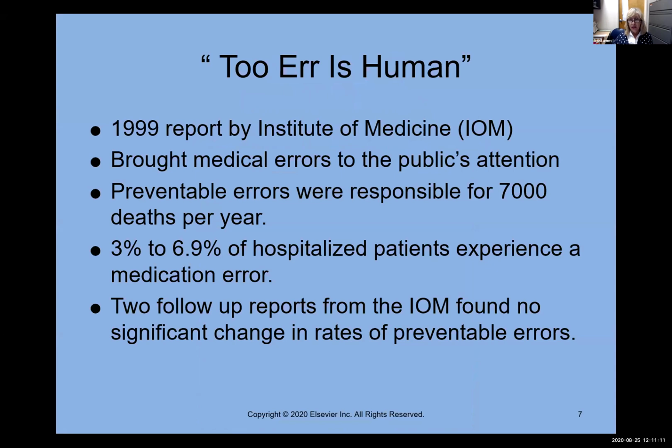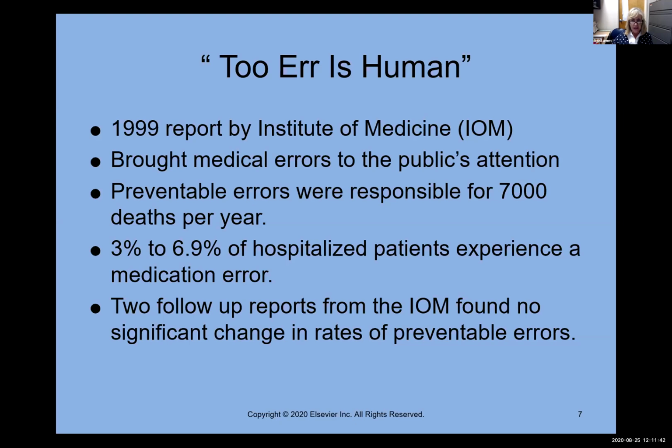IOM. Have any of you heard of the IOM, the Institute of Medicine? They're a pretty prestigious group in the world of healthcare. I don't know about in mental health, but the IOM, they write a lot of initiatives, a lot of directives that really lead our practice.